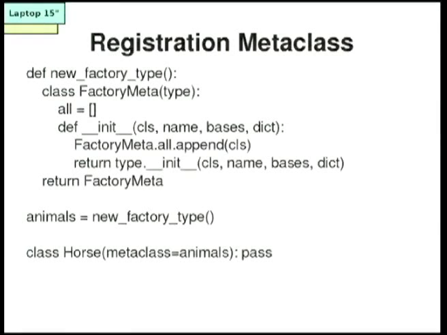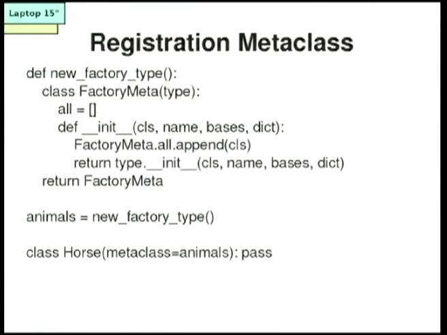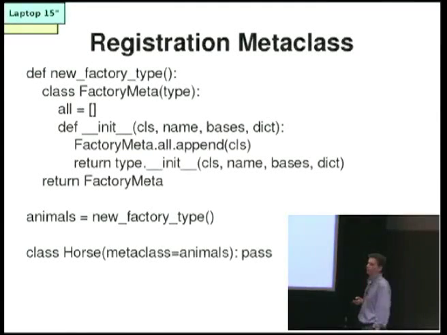It's actually a function that creates a new type on the fly and returns it. So inside the function, we define a factory metatype that has an all attribute. And every time a new class is defined, it gets appended to the all list. But then instead of return class, we have to do all this good stuff so it's a valid metaclass signature.